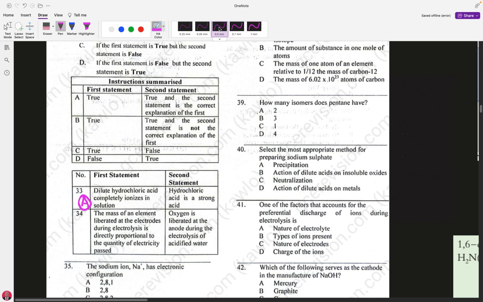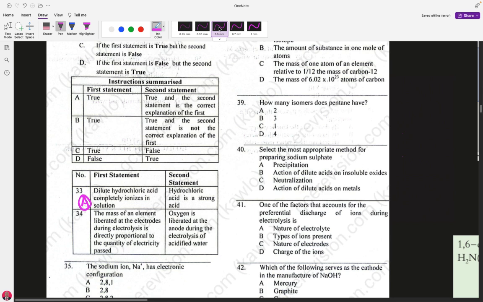Then it takes us to the 34th question. The first statement says the mass of an element liberated at the electrode during electrolysis is directly proportional to the quantity of electricity passed.